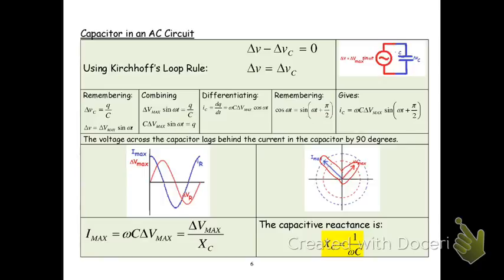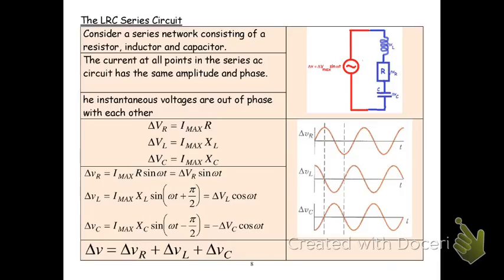Now that's interesting, because what that means is that when I put these three components in series, at any instant in time, the potential difference across my inductor is in the opposite sense to my potential difference across my capacitor. It's not that I can't add them up arithmetically because they're in different phase space.